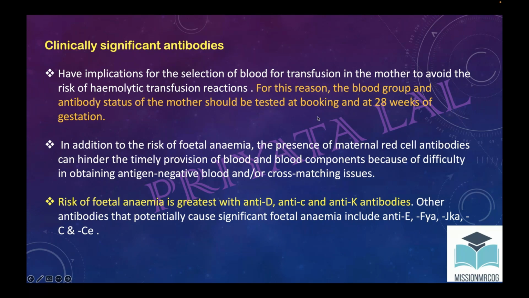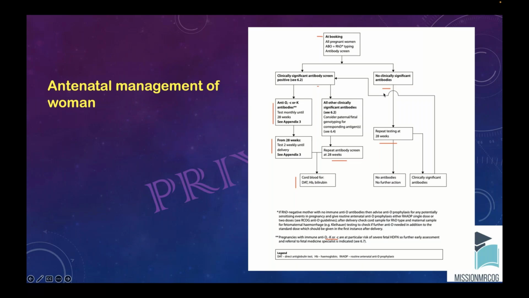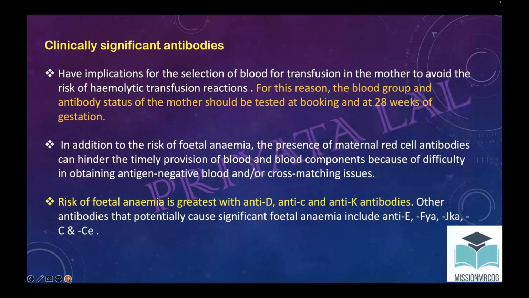Now if you see this chart, at 28 weeks they are repeating antibody and blood group both. Again, this raises a question why they are repeating blood group again, but there is no answer because the blood group would not change, only the appearance of antibody can come.